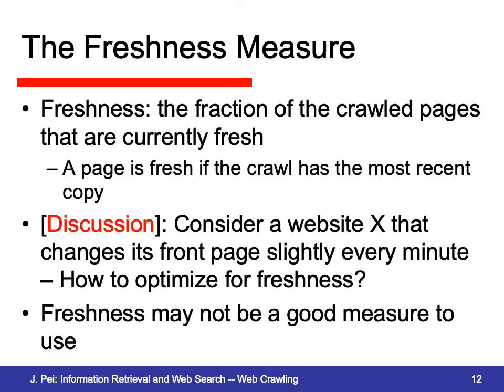Therefore, it doesn't really matter. It keeps crawling the page as long as it cannot catch up with the updating speed, or it just gives up and stops crawling the page completely. If it will never be fresh, it cannot help the freshness value. That's the rationale.